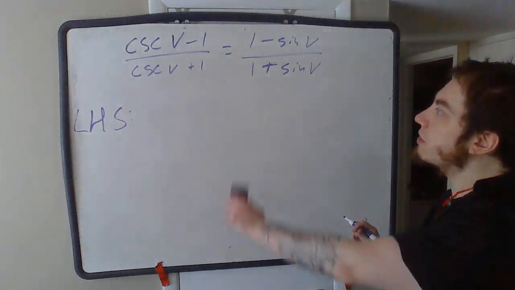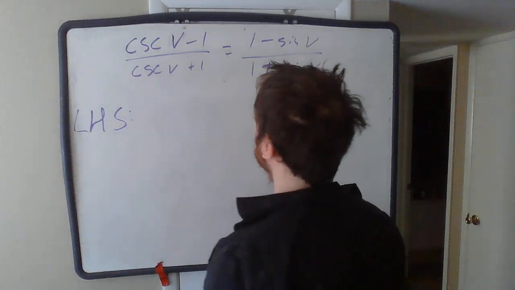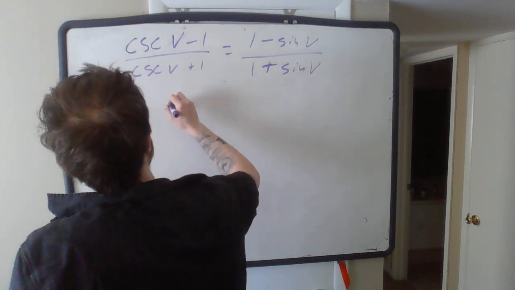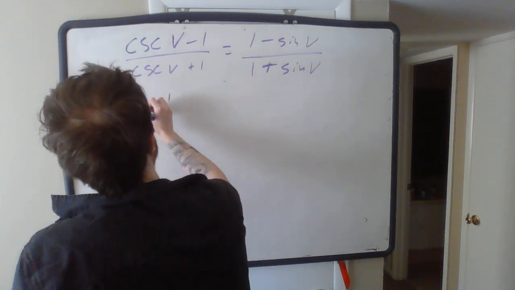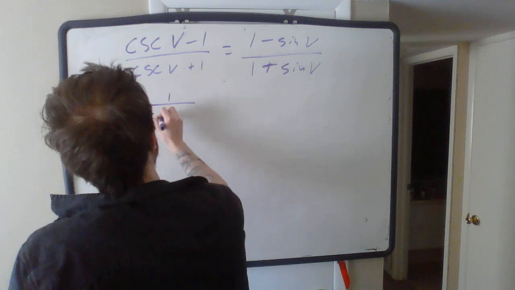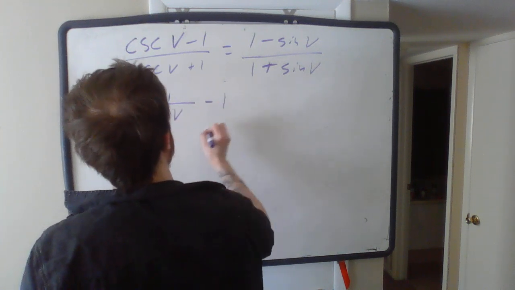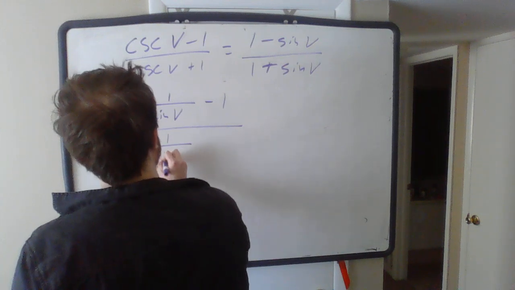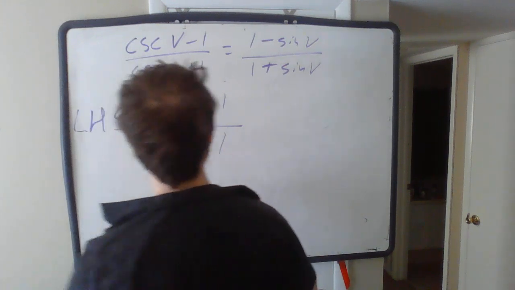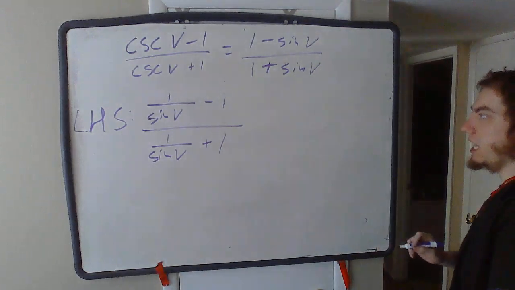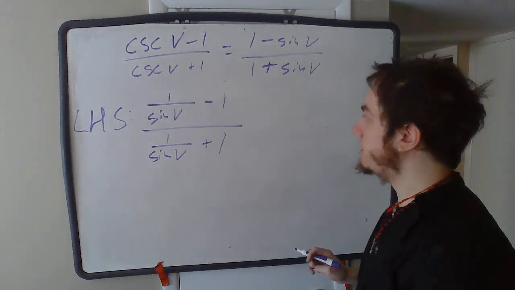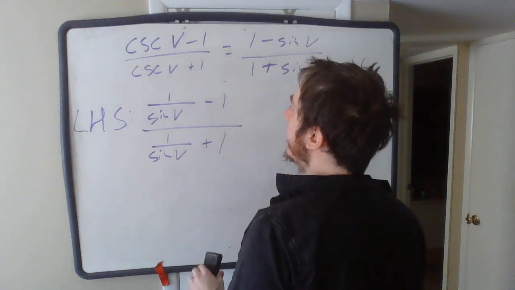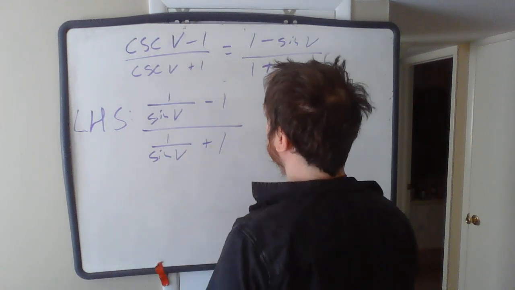Now, if I rewrote this left-hand side in terms of sines and cosines, I could say, well, this is really 1 over the sine of v minus 1, divided by 1 over the sine of v plus 1. If I wanted to, I could start taking a common denominator here and combining these fractions.